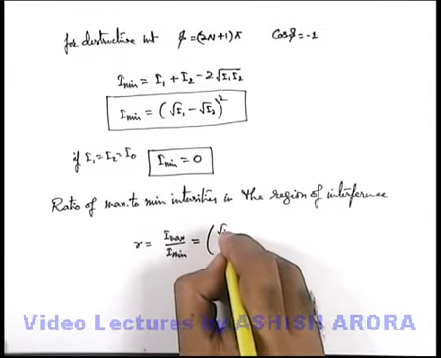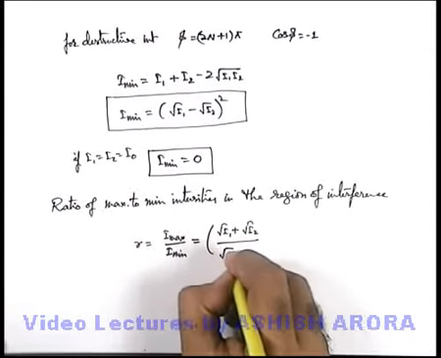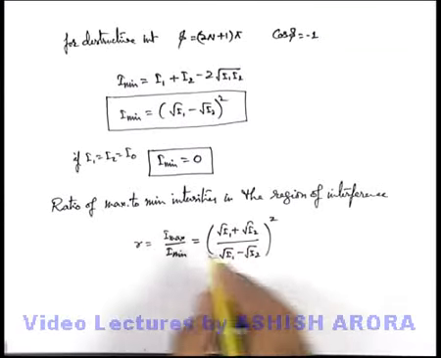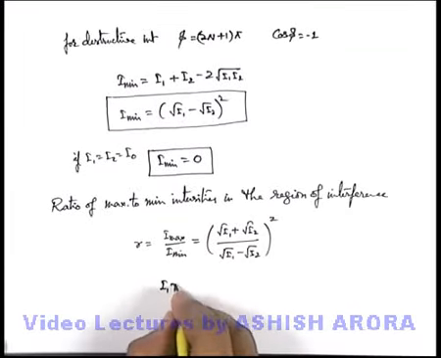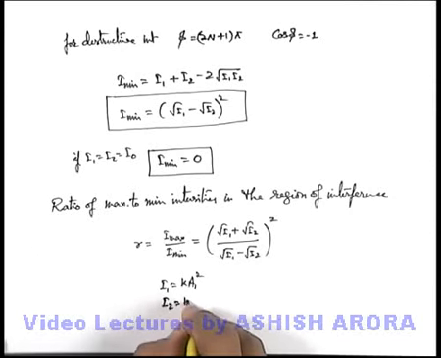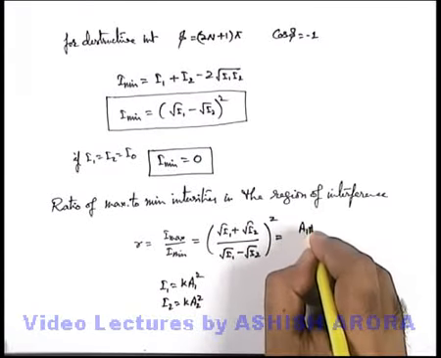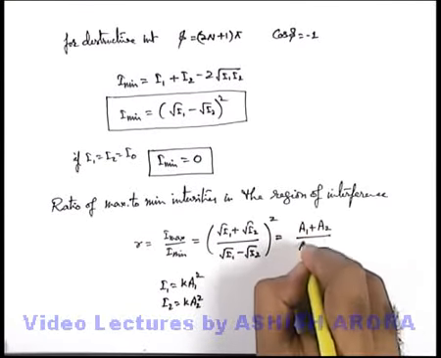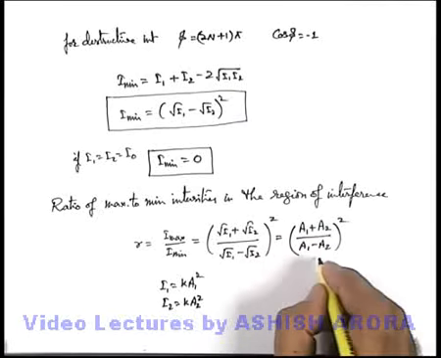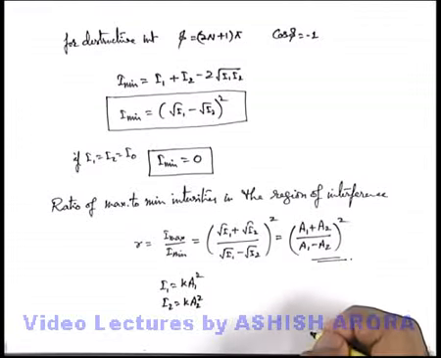This will give us (root I1 + root I2) over (root I1 − root I2) whole square. If we substitute the values of I1 and I2, which are I1 = KA1² and I2 = KA2², this will give us (A1 + A2) upon (A1 − A2) whole square. This is also a very useful expression for various applications. Just keep it also in your mind.